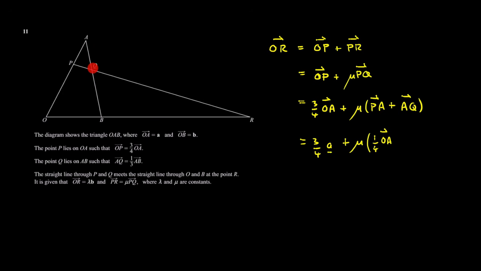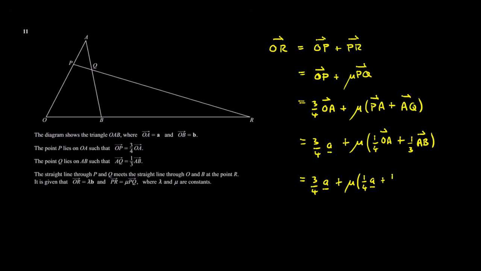Well, I'm told in the question that AQ is a third of AB. So this is 3/4 of A plus mu times 1/4 of A plus a third of.